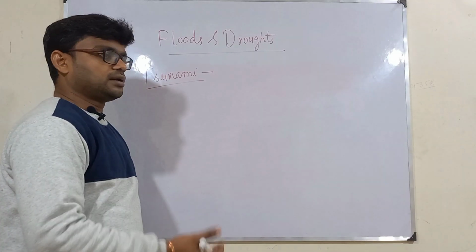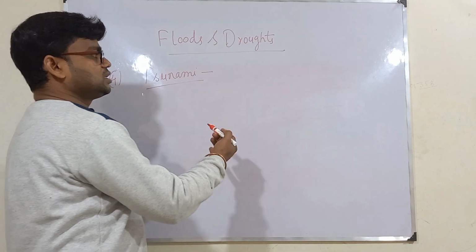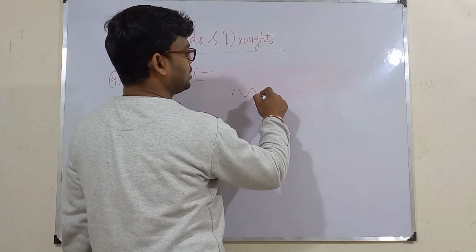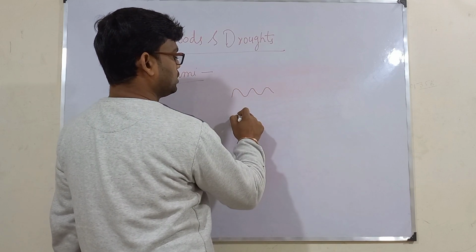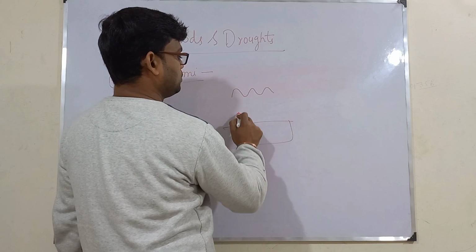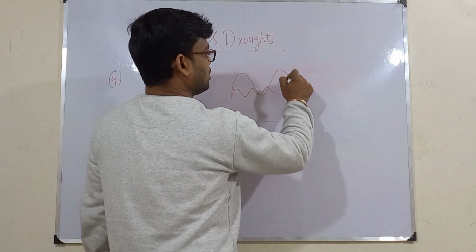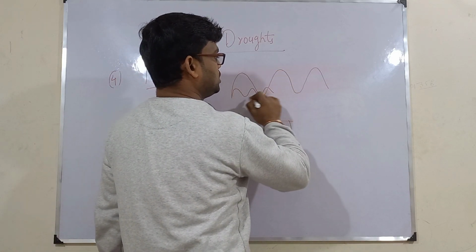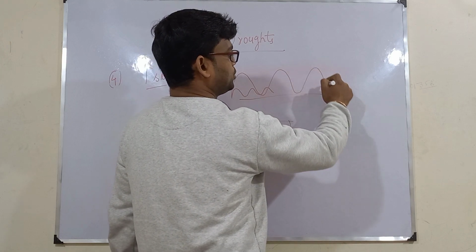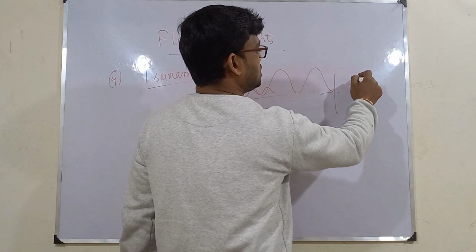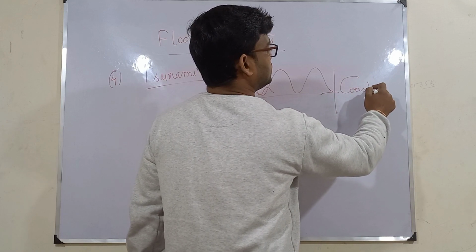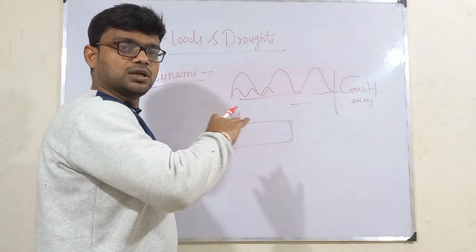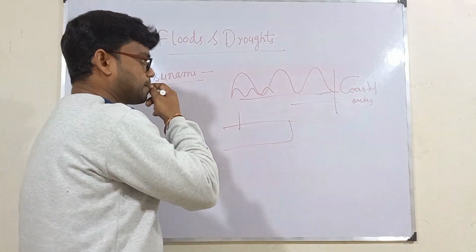That earthquake leads to an increase in the size of the waves of the ocean. The waves of the ocean, which are generally very small in size, increase in size due to the earthquake in the ocean bed, and when this ocean water in the form of these long amplitude waves reaches the coastal areas, it deposits a lot of water in the coastal region, causing floods there.